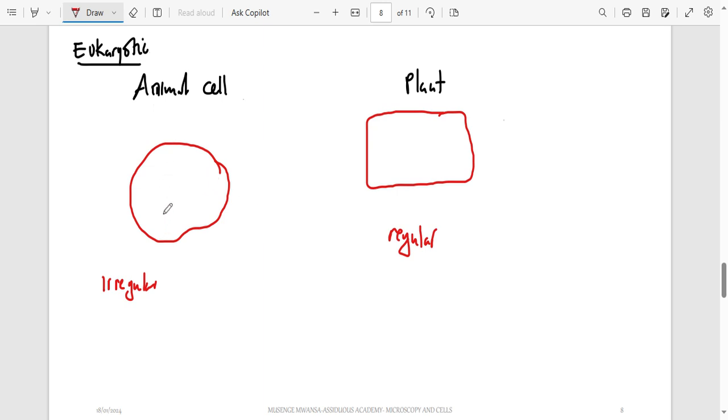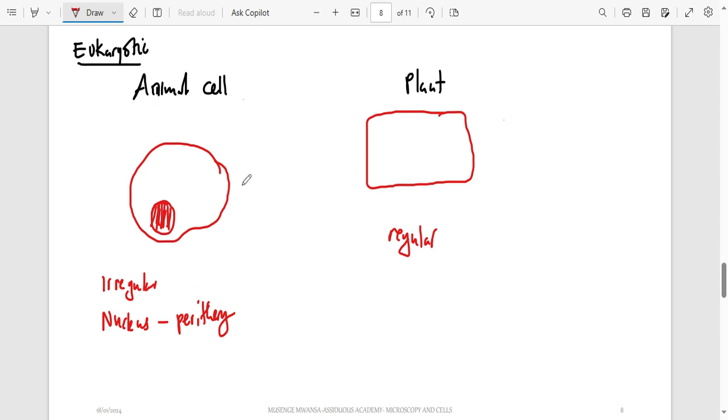An animal cell is going to have a nucleus, and the nucleus of an animal cell will be mostly on the periphery, meaning it is not on the center.